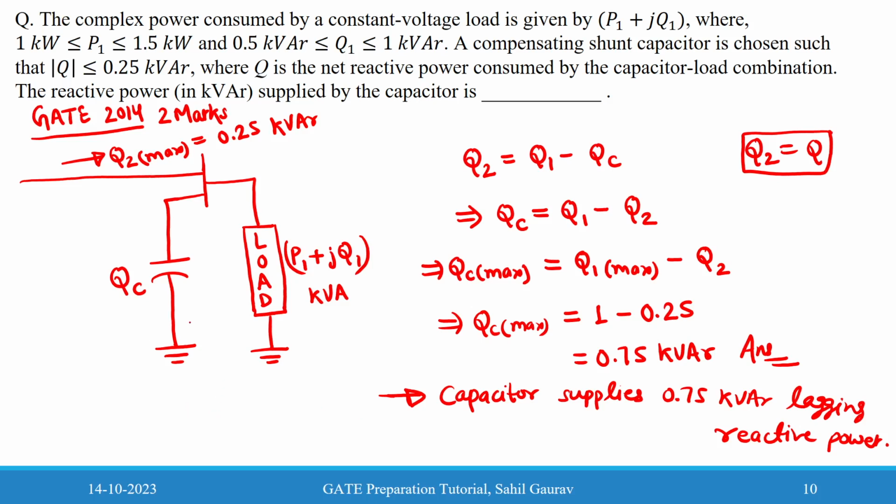Because it is the inherent characteristic of capacitor. Inductor always consumes lagging reactive power, while capacitor supplies lagging reactive power, and capacitor always consumes leading reactive power, meaning in the capacitor current leads the voltage. So capacitor consumes the leading reactive power.